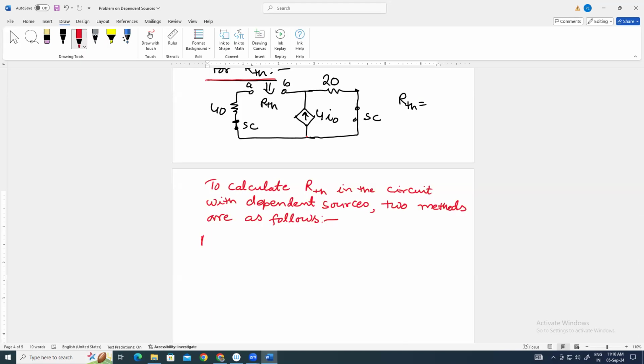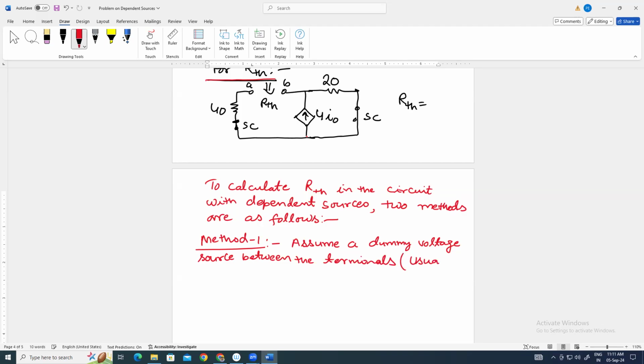First method is to assume a dummy voltage source between the terminals. Usually take 1 volt.